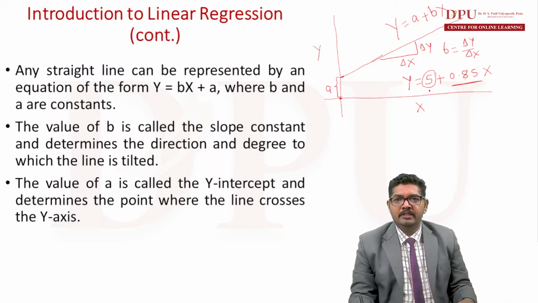This slope indicates what percent change in the value of y occurs with a 1% or unit change in the value of x. Suppose the value of x changes by 1, then the change in y will be 0.85. So this is the slope of this equation.